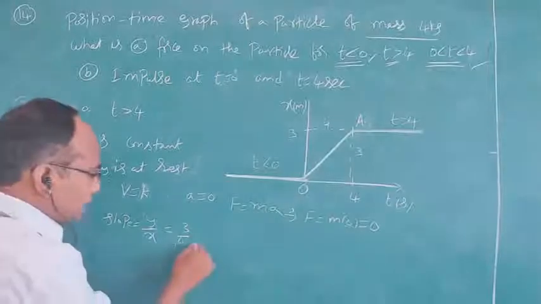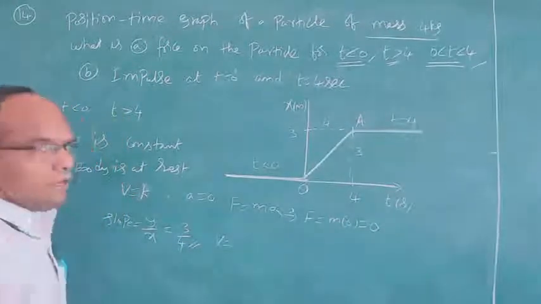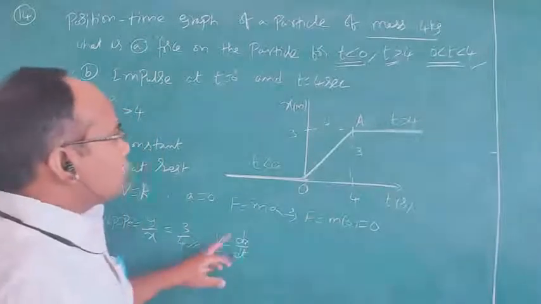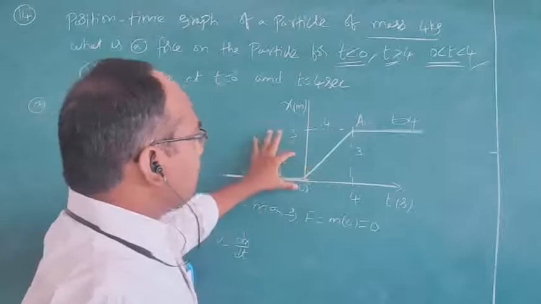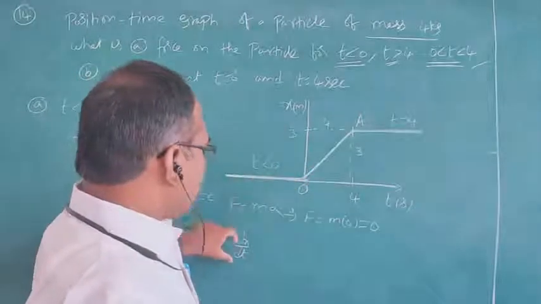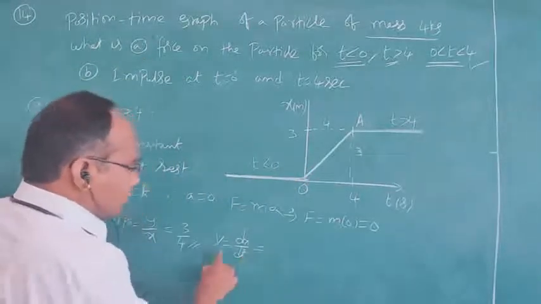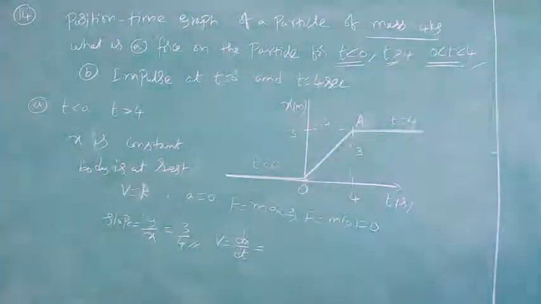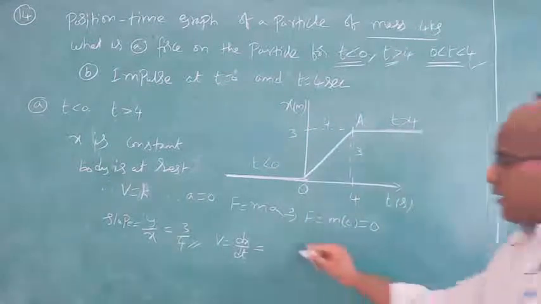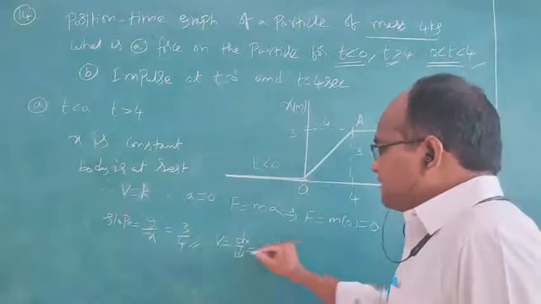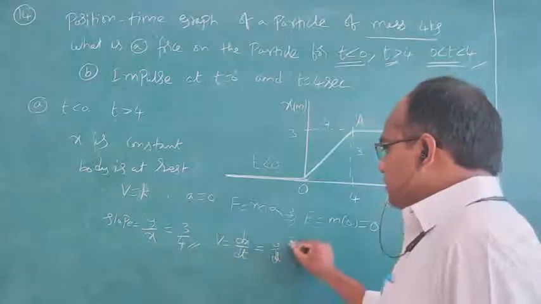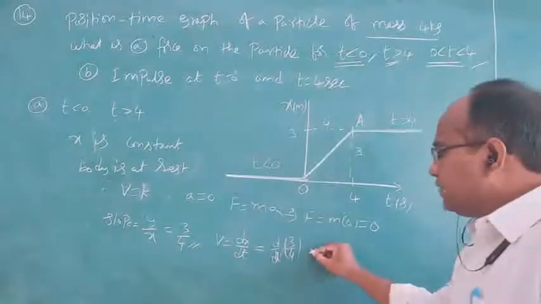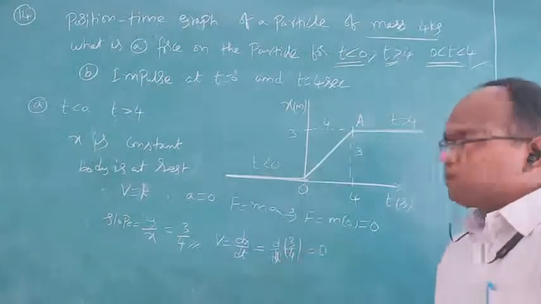So in this one, what should I write? V is equal to dx by dt. So the slope is nothing but the x value, dx by dt. Therefore d by dt of x is 3 by 4, and d by dt of a constant is 0.